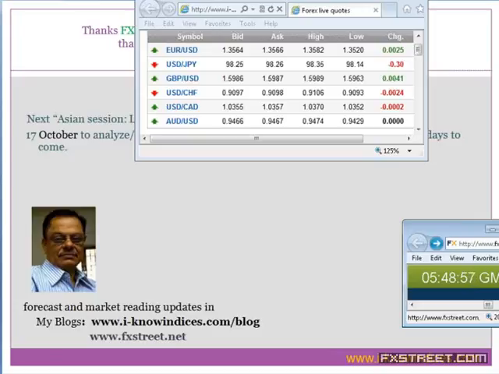As I explained many times, they make the intentional move for 2 sessions and the start of the third session, and then make an extended move for 2 hours. Then again an intentional move. So they alternate the move. That means they alternately trap the traders who become bullish and bearish. If they trap the bullish traders on Friday, then they will try to trap the bearish traders on Monday, Tuesday. So where is the question of keeping a prolonged bullish or bearish feeling?